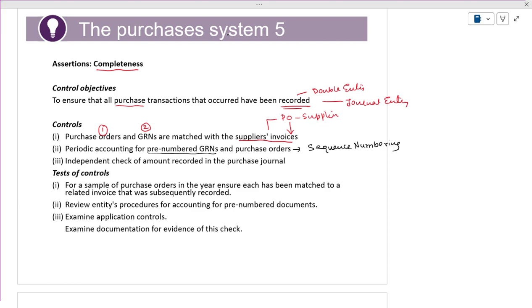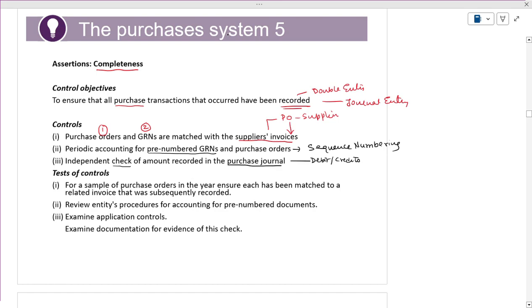Now, independent check of amounts recorded in the purchase journal. Okay, we have taken purchase orders. What we will do is check the amount which has been recorded in the journal. Meaning we will check debits and credits. There are specific activities there.